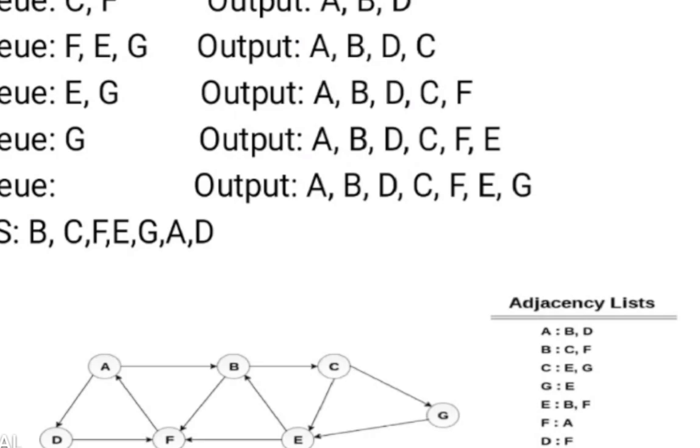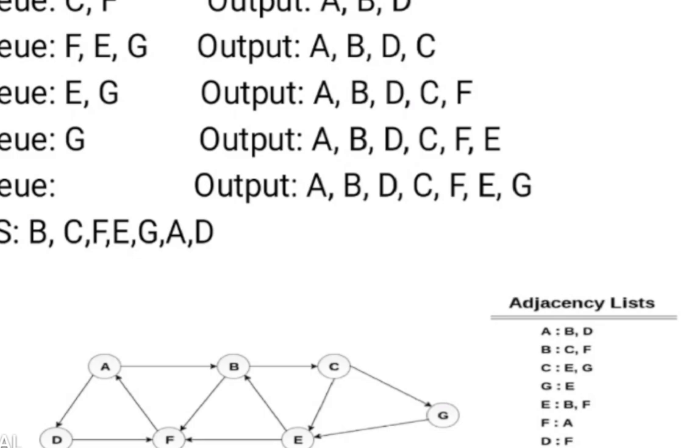So it is possible that for one graph, there are many BFS traversals. There is no hard and fast rule that this traversal will be there. There are two or three traversals possible, but the thing is that first it will do the breadth first, and then it will go to the depth.